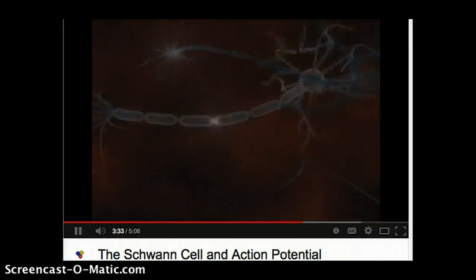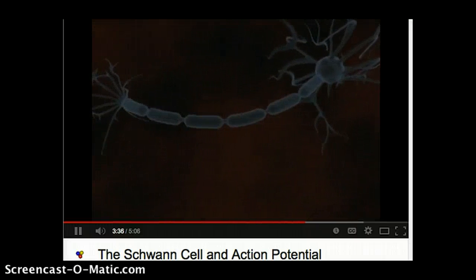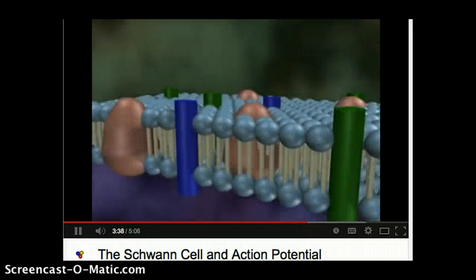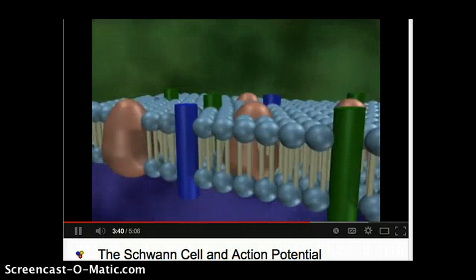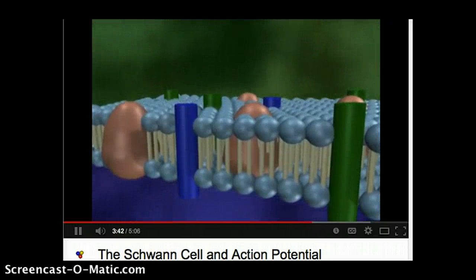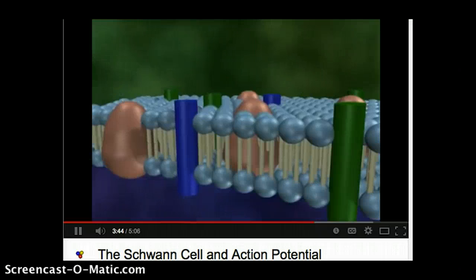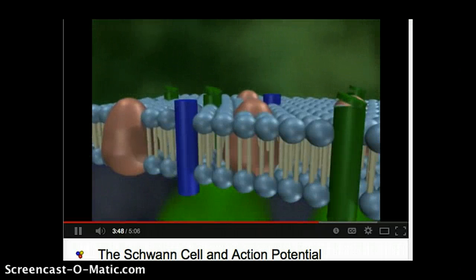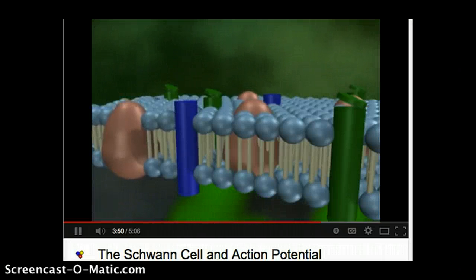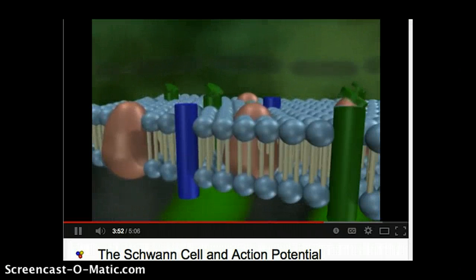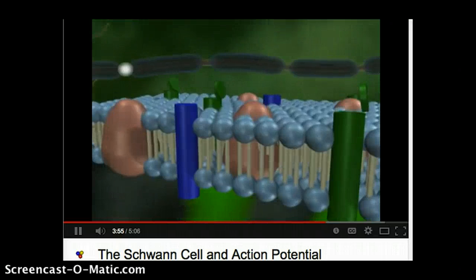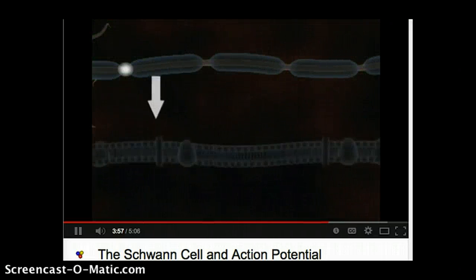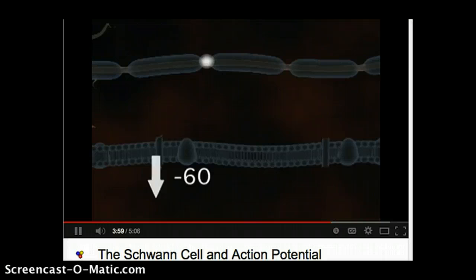Now look at the myelinated axon. The same process applies to the myelinated axon. An action potential develops, and as the sodium comes in, it diffuses through the cytoplasm of the axon. It continues to diffuse through the portion of the axon wrapped in myelin. The increased sodium concentration reaches the node of Ranvier, increases the axoplasm to -60, and depolarization occurs.